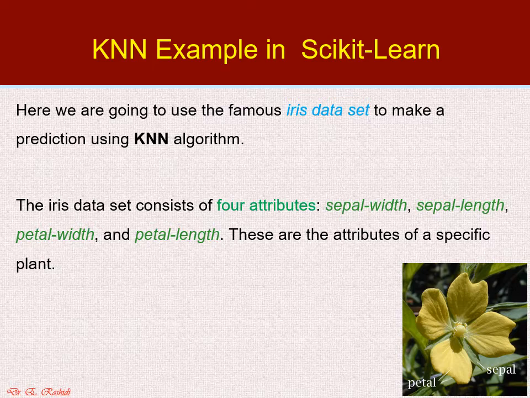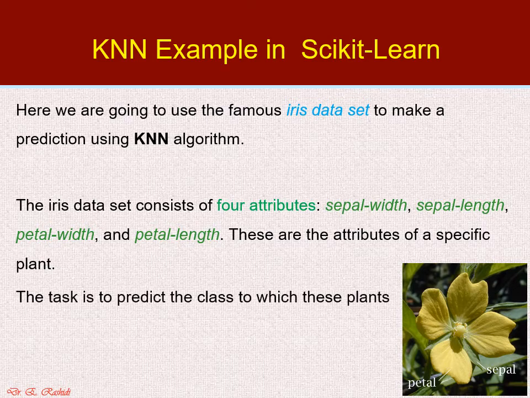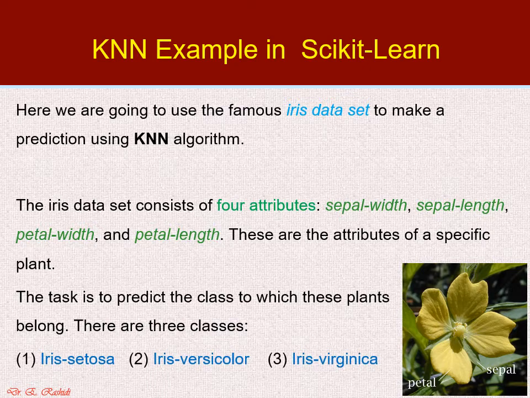That's why we try to use them to make a prediction or classification on what type of plant or flower they belong to. So we have three classes or categories here. The first class is iris setosa, the second class is iris versicolor, and the third class is iris virginica.